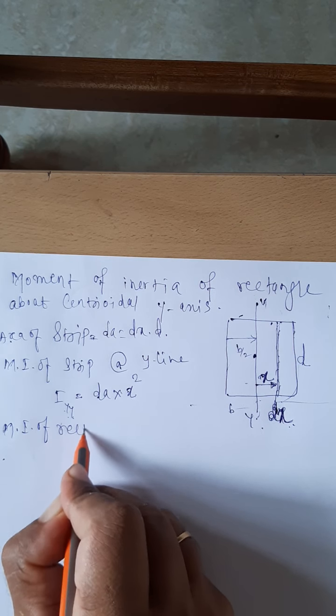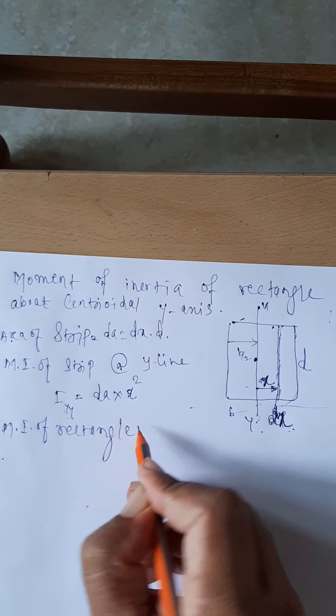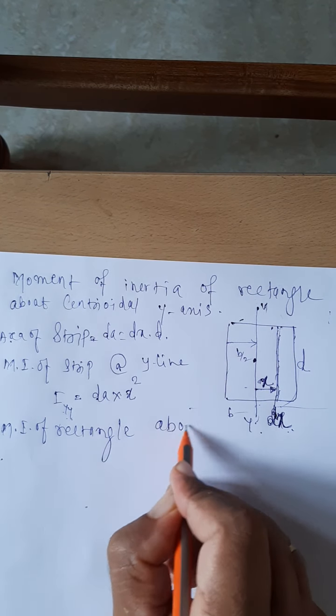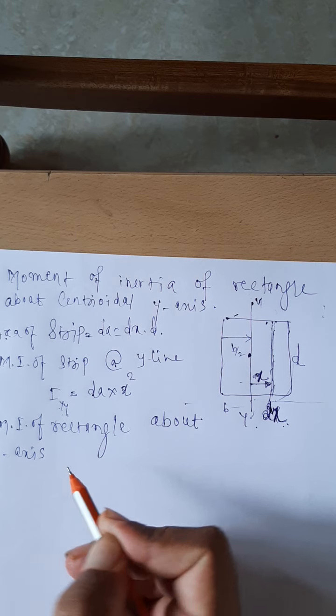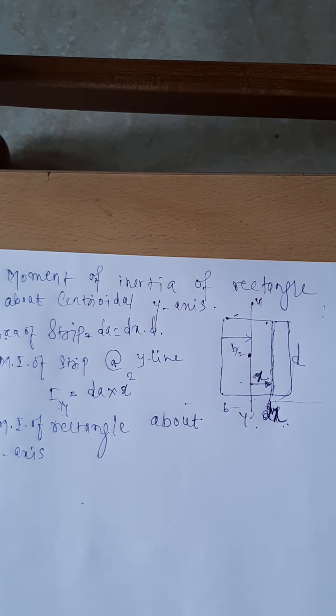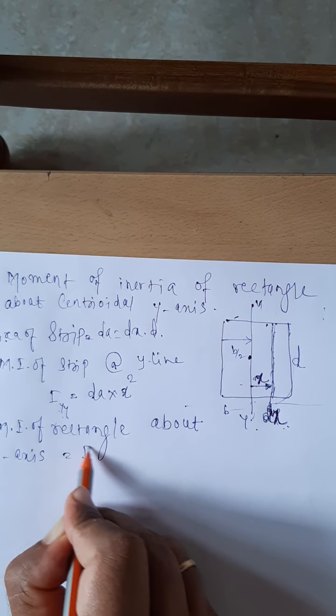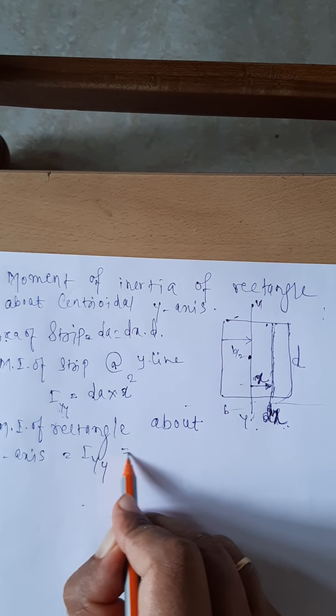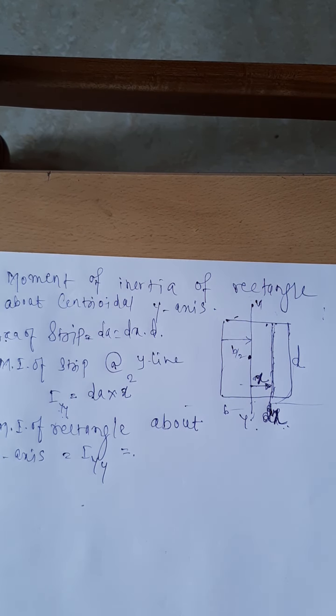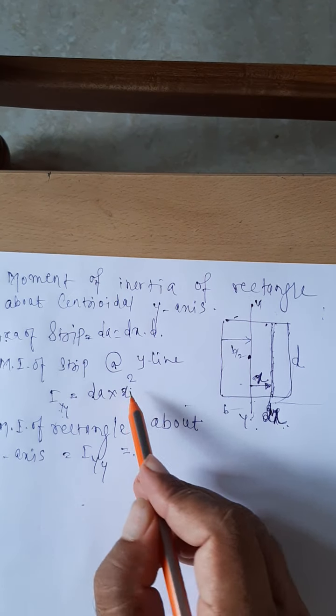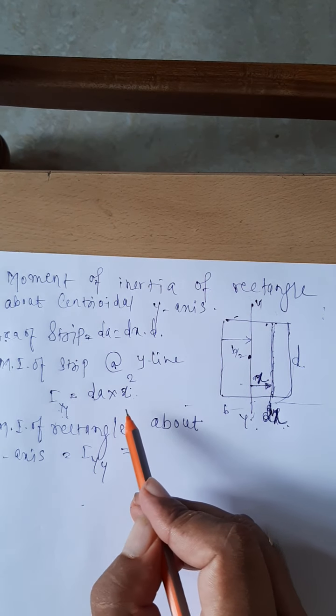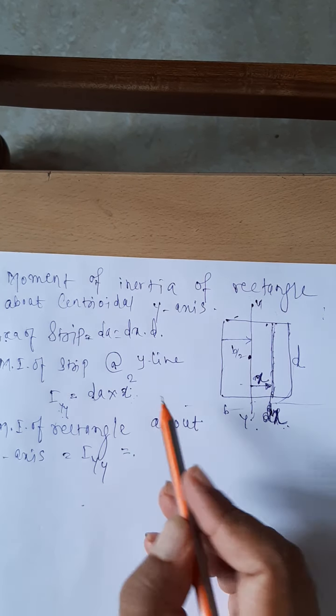That is given by the same thing, the moment of inertia of the rectangle about the y-axis, which is nothing but Iyy. Iyy is equal to the sum of the small elemental area dA multiplied by x square. What is the value of dA?